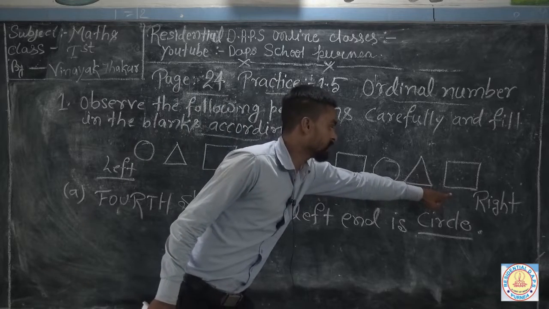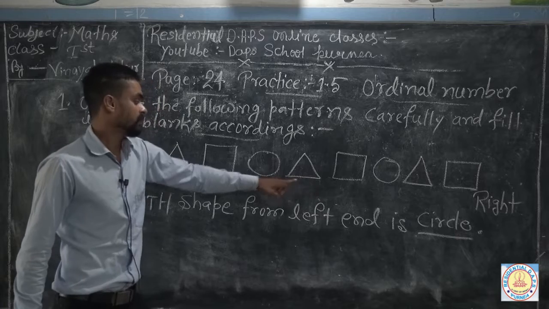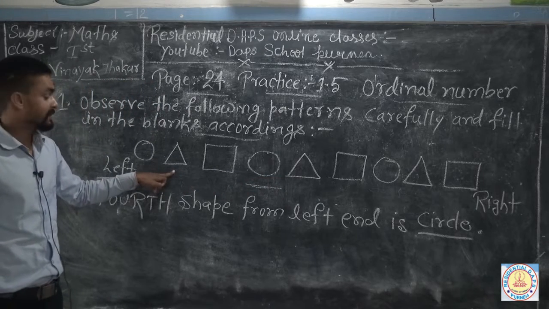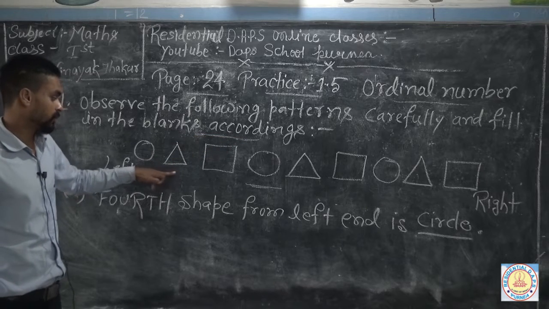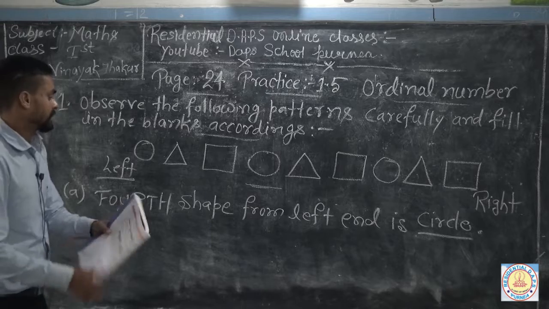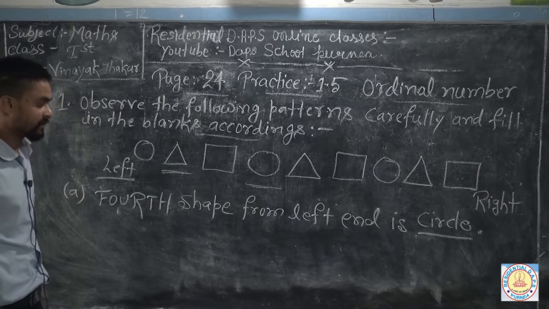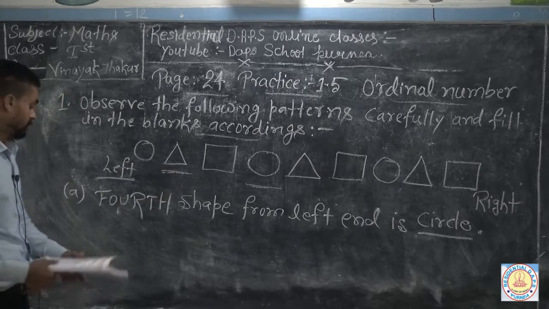So this is your first, second, third, fourth, fifth, sixth, seventh and eighth. This is your eighth shape from right end. So what is the shape on the eighth place from right end? So this is triangle.